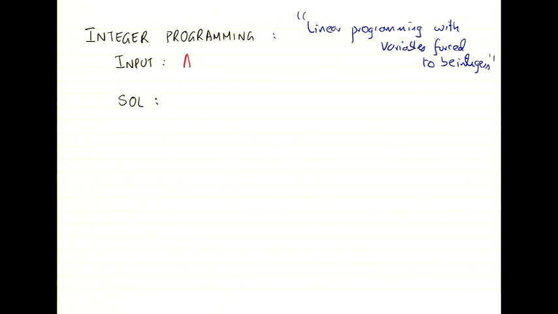Your input is a set of linear constraints, inequalities and equalities. And your solution is, let's not do optimization, let's just try to find a solution that satisfies the constraints. So a solution is just an integer assignment satisfying the constraints.